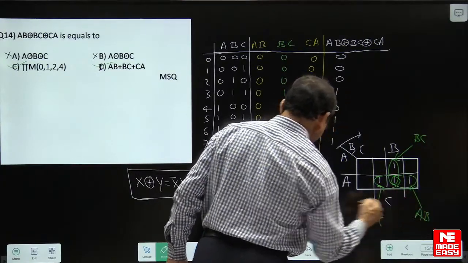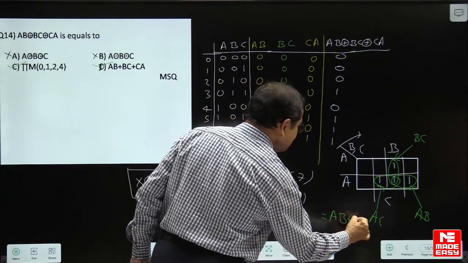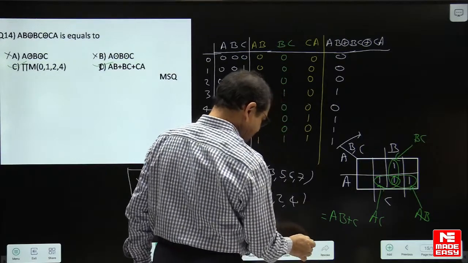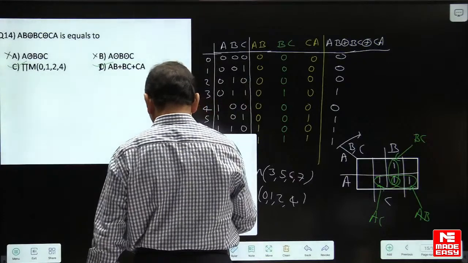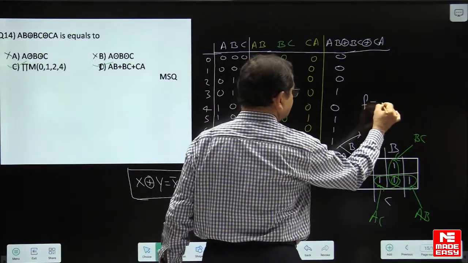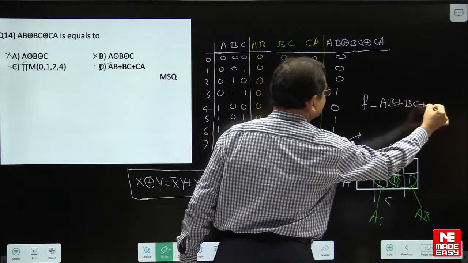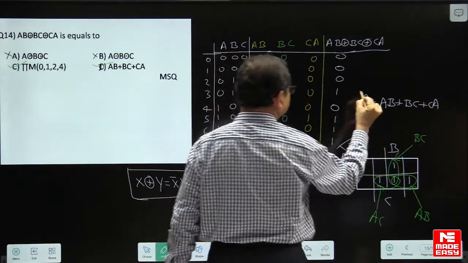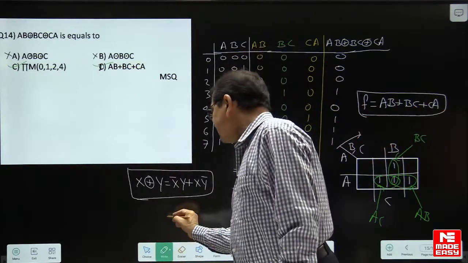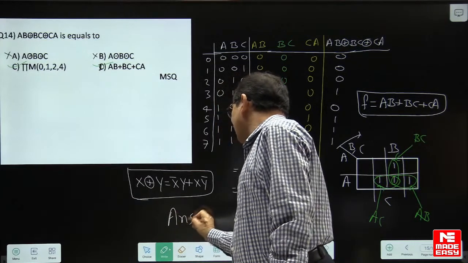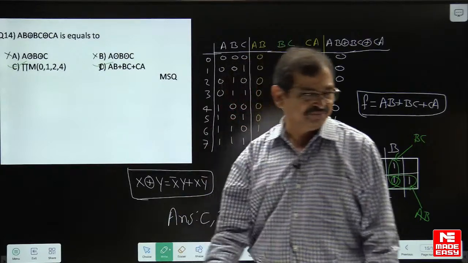So the minimal form is AB OR BC OR CA. Which of the given options is matching? Definitely option D is matching. Hence the answer for this question is C and D. It is an MSQ question.